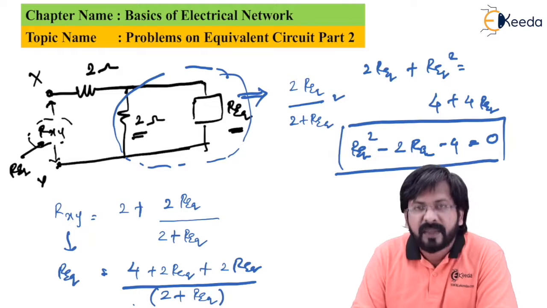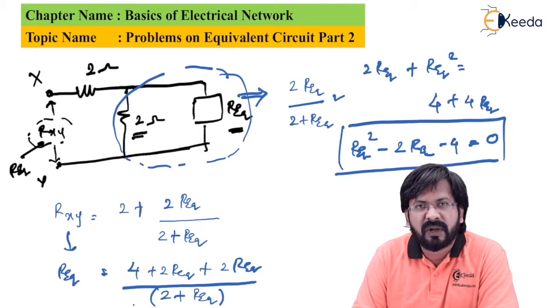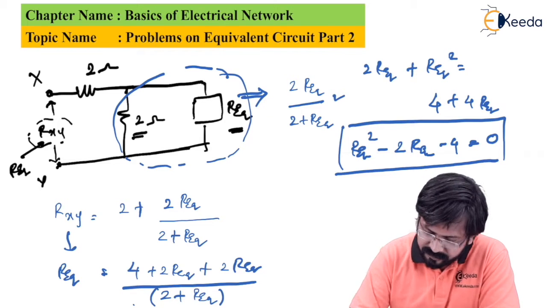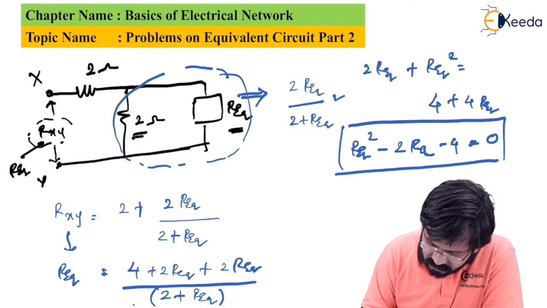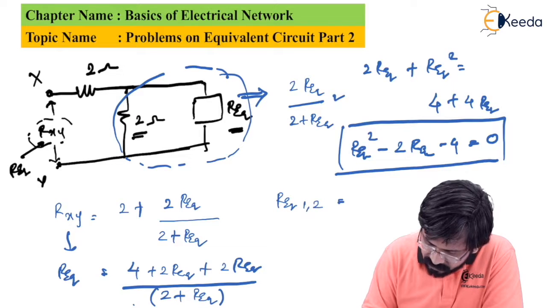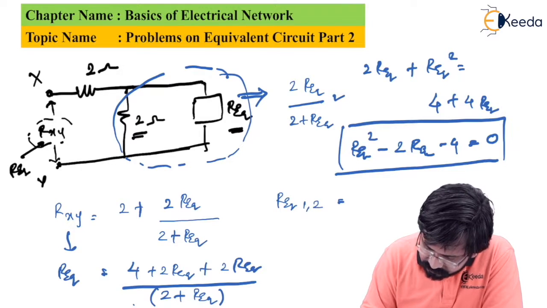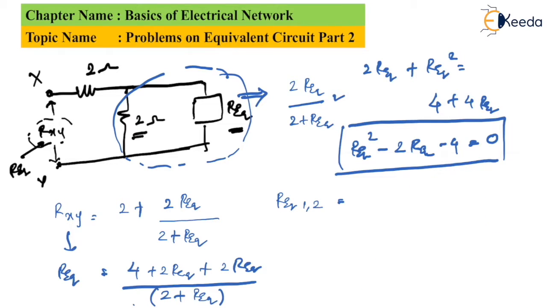So as we can see, to find R equivalent, we need to solve this quadratic equation. So the R equivalent value can have two values. It can be solved by the formula minus b plus minus under root of b square minus 4ac, divided by twice a.